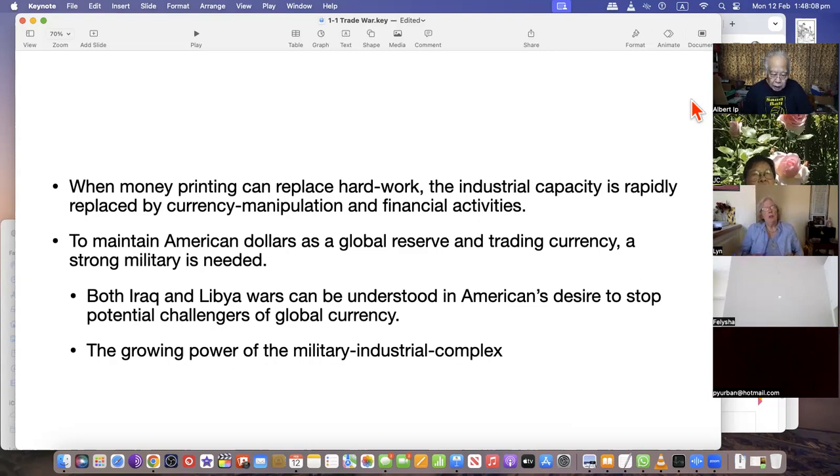Both of these deviate from the use of US dollars to trade in the commodity, oil, and hence would jeopardize the global currency status of the US dollar.